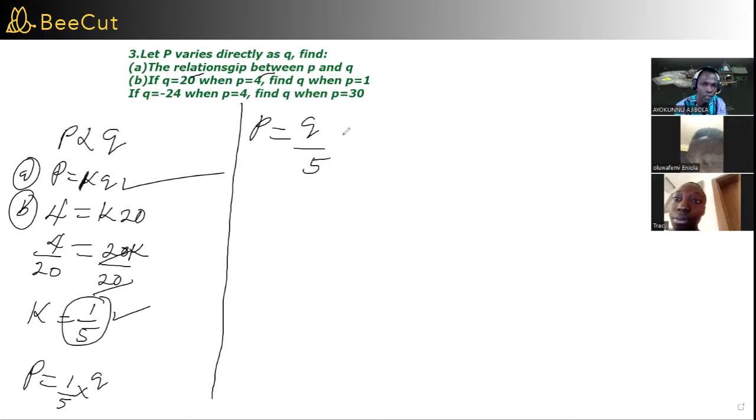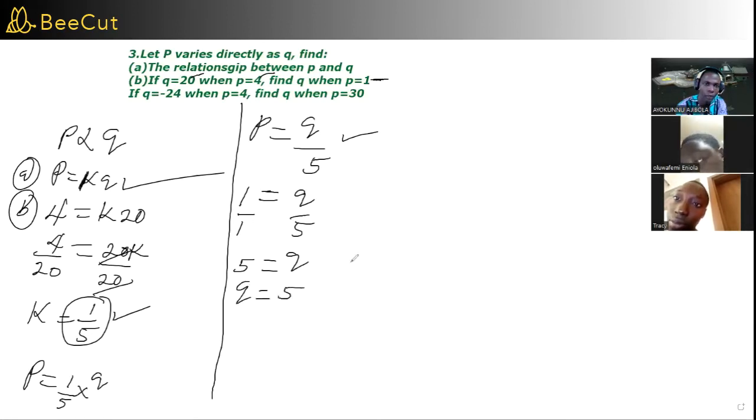So if it is the relationship, then it says find Q when P equals 1. So I'm going to replace P with 1. That means 1 equals Q over 5. In this regard, I'm looking for Q. Just cross multiply. 5 times 1 is 5. 1 times Q is Q. That means Q equals 5 when P equals 1.